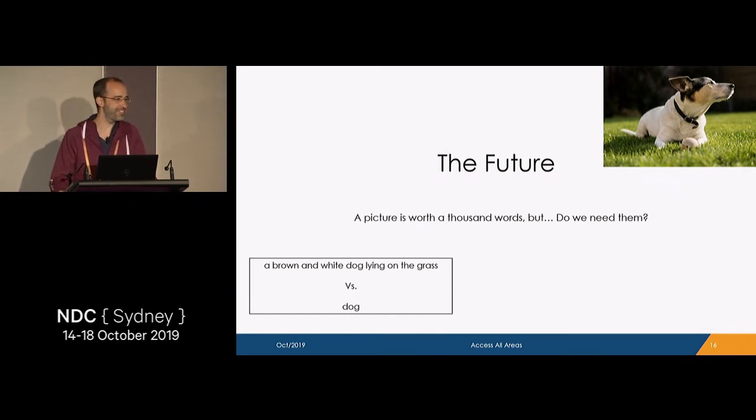Yeah, it's kind of weird. So who would rather have the caption or the tag? Show of hands for caption? Oh, tags? You didn't vote. What's wrong with you? The what, sorry?